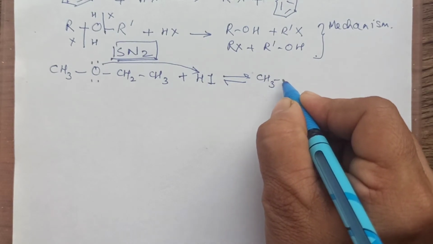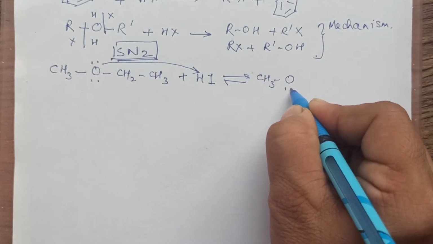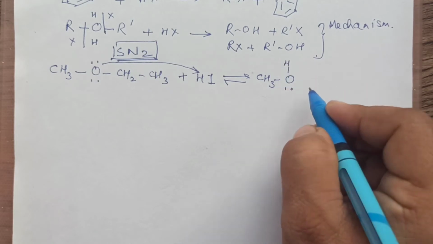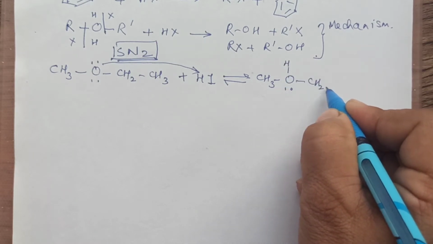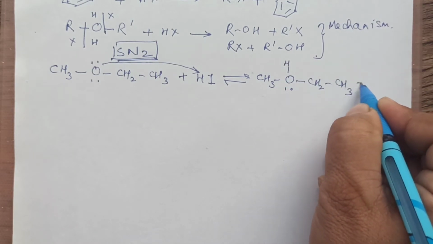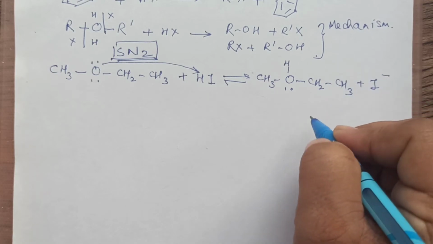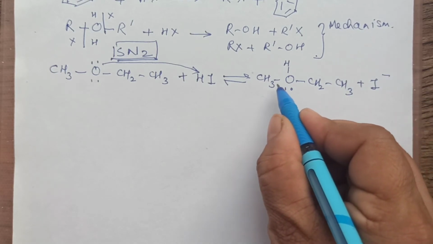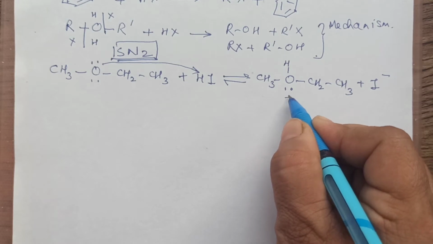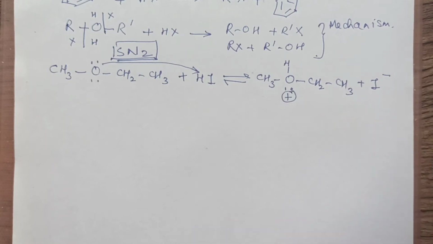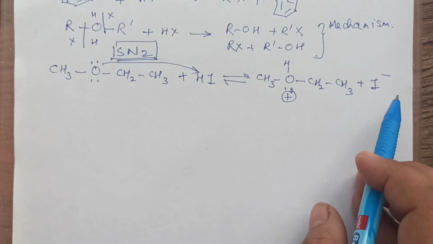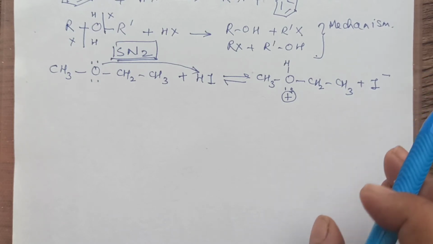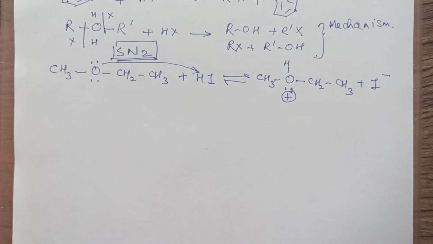So what you get is CH3O, with only one lone pair left, one H attached here, CH2 CH3, plus you get the nucleophile. Now this O is having three bonds, so O gets a positive charge. This is the first step. Iodide, I minus, is a good nucleophile.